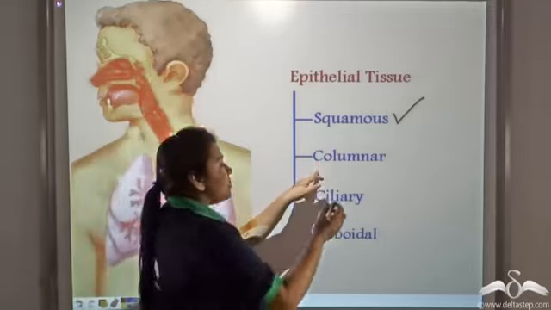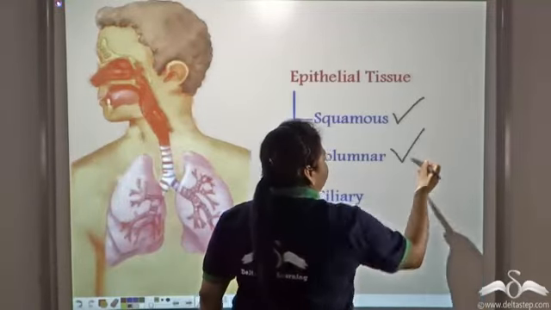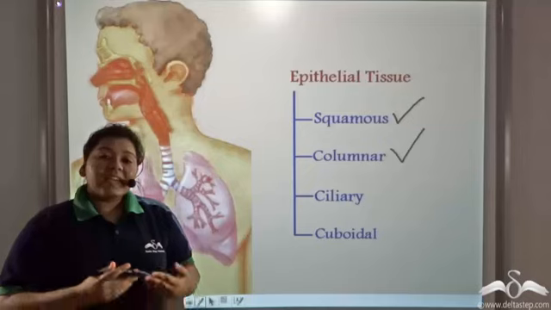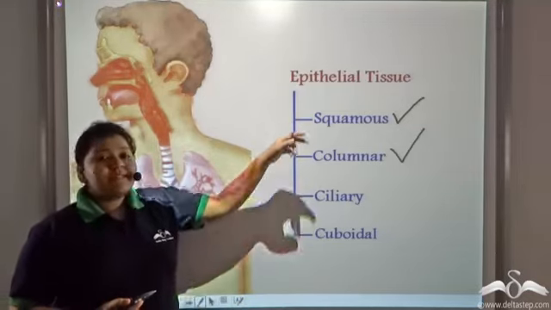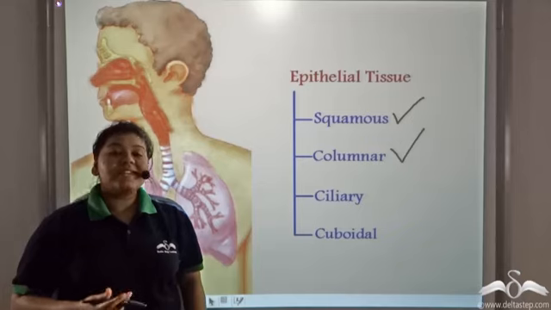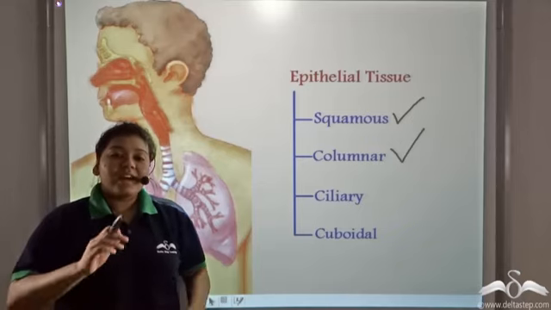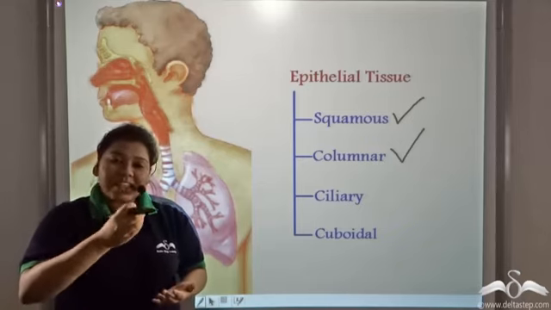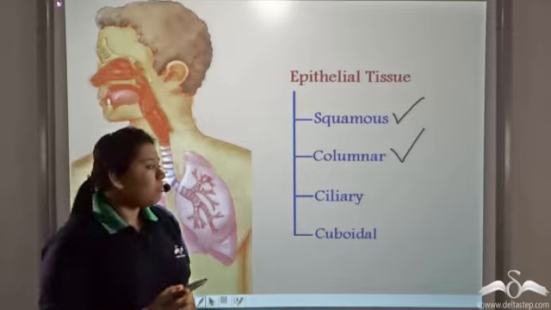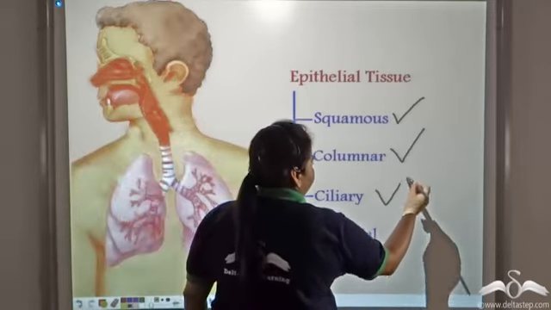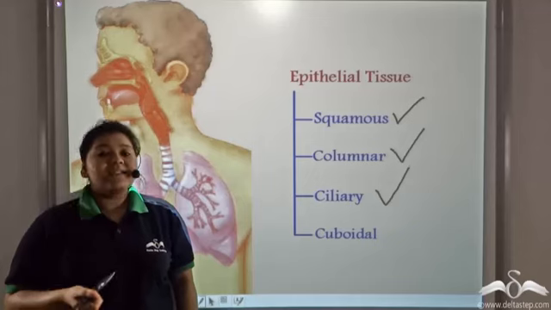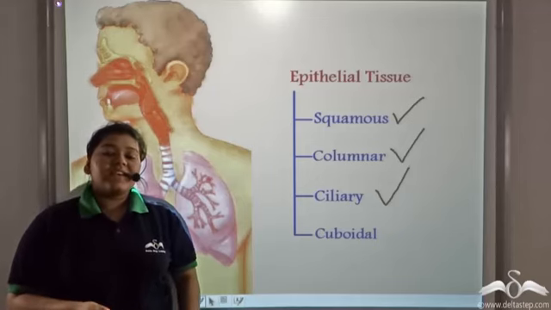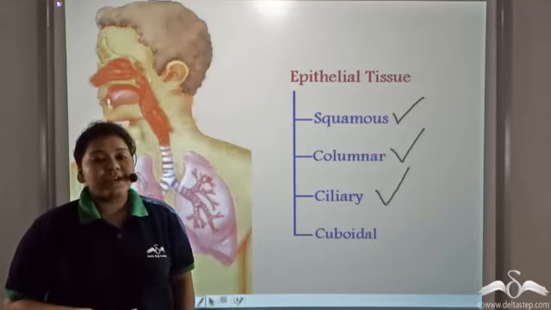Columnar epithelial tissue is present in the lining of the stomach. Ciliated epithelial tissue is present in the trachea. They are columnar cells with cilia, or hair-like structures, on top. And then there is the cuboidal epithelial tissue that is present in glands such as the thyroid gland.